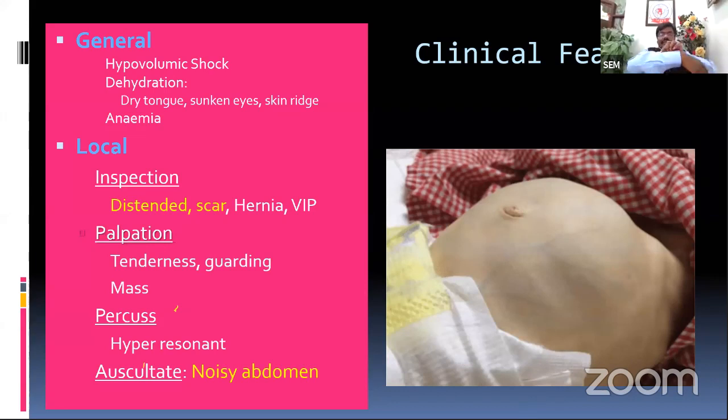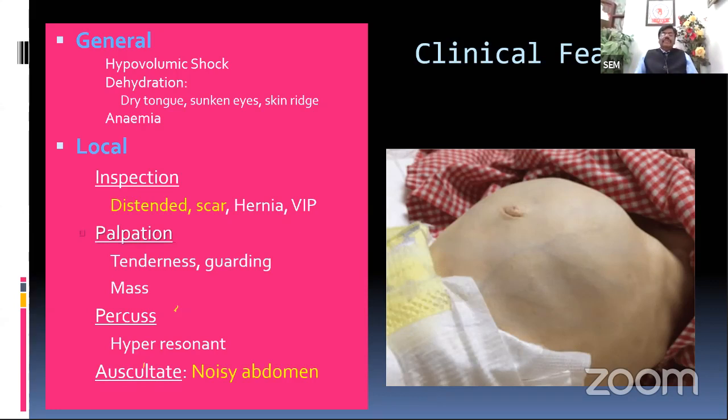And see the skin ridges. Usually you and me have elasticity, but their skin will be like the skin of a 90-year-old lady with a loss of elasticity. If you lift the skin, it will remain like a ridge, because of lack of elasticity, because of lack of water. So these are the signs of dehydration.